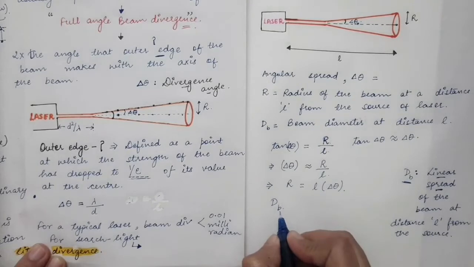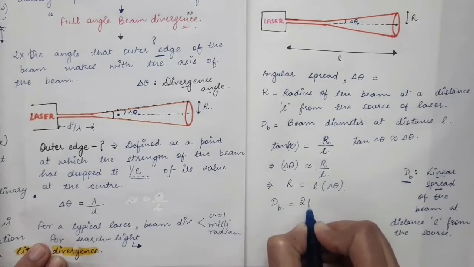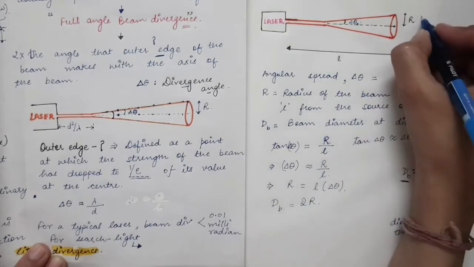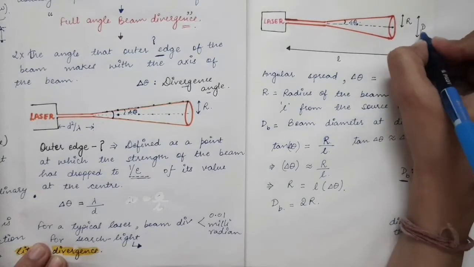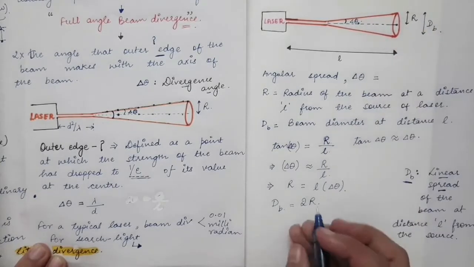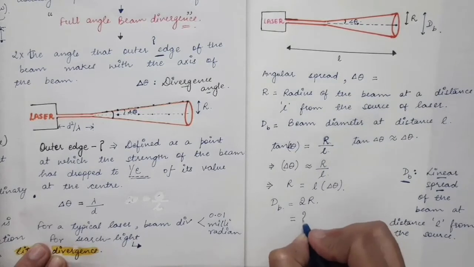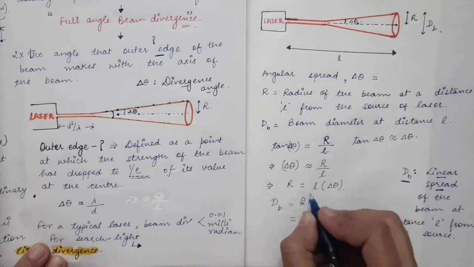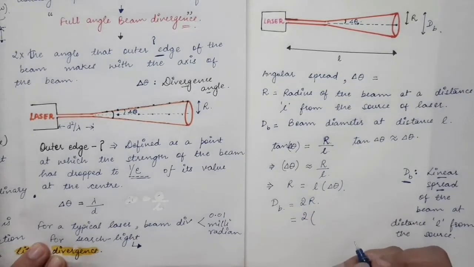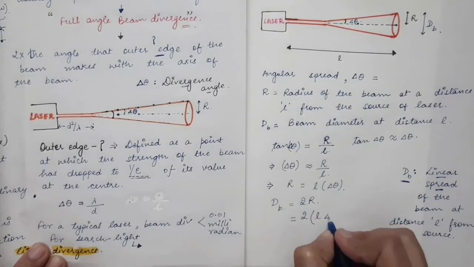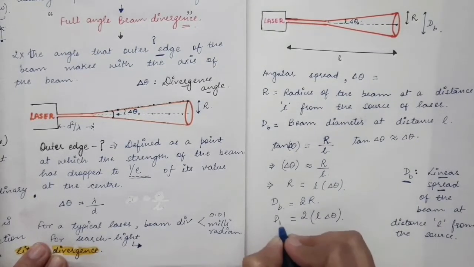Now what will be the beam diameter? That will be equal to twice of capital R. So this whole length will be equal to dB. So this will be equal to twice of capital R, and this will be equal to twice of, what is the expression of capital R? That is L into delta theta.